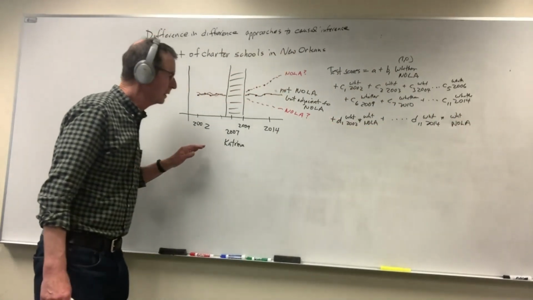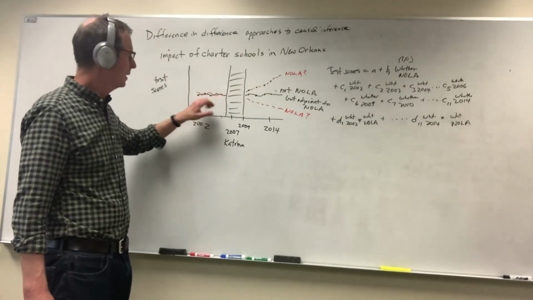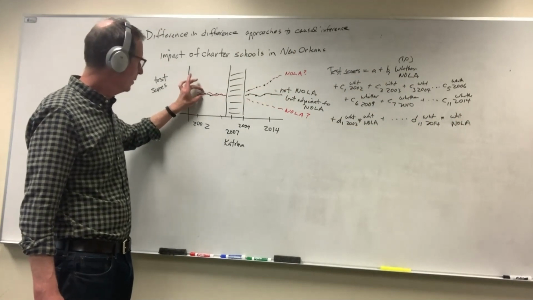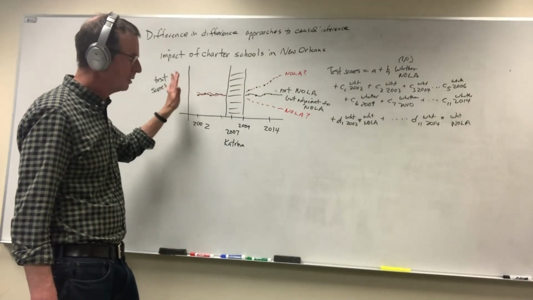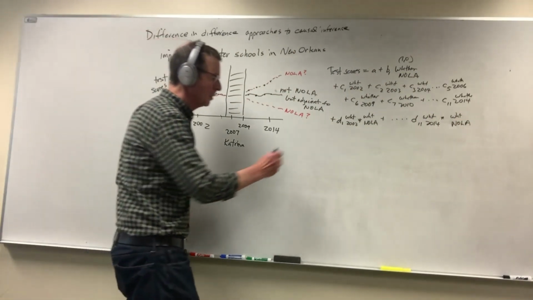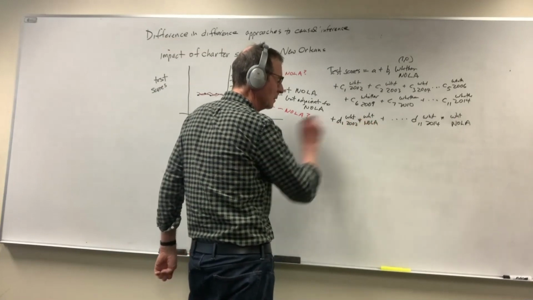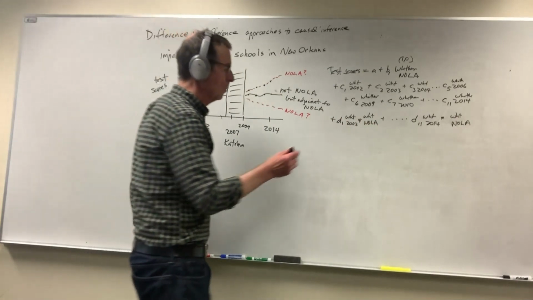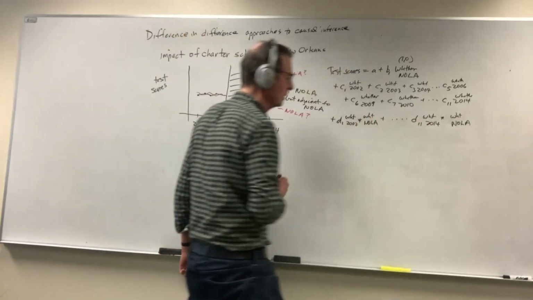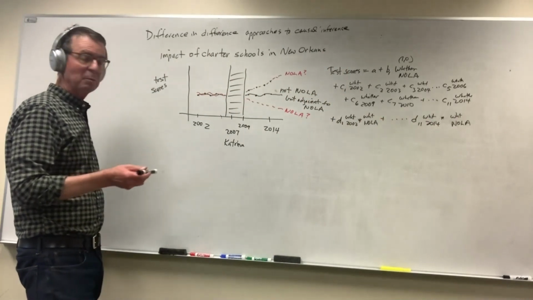And if the pre-Katrina trends are similar, we wouldn't expect to see very much of a difference between the NOLA schools and the adjacent school districts. So this interaction term ought to be small and insignificant. Once you get out beyond Katrina, that's what becomes interesting.